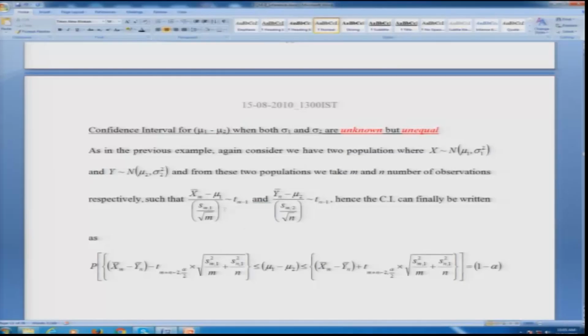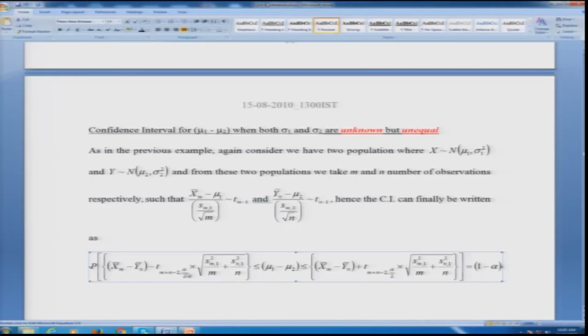X is distributed normal with a certain mean and a certain variance. We know what they are: mu suffix 1 and sigma square suffix 1. For Y it is mu suffix 2 and sigma square suffix 2. Obviously, we will use S without the dash in both cases, because S dash would not be used as the respective population means are not known.